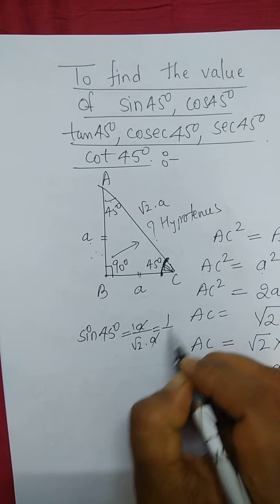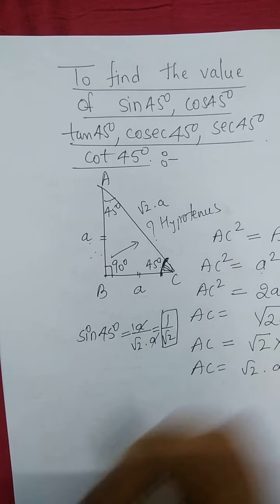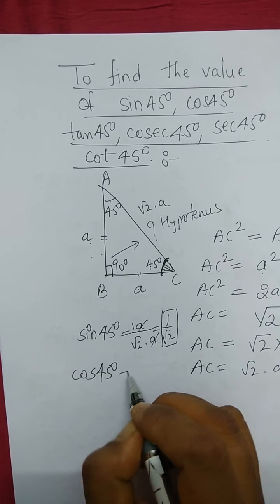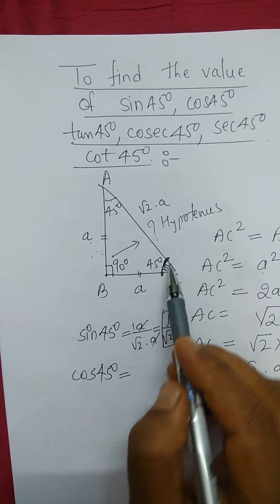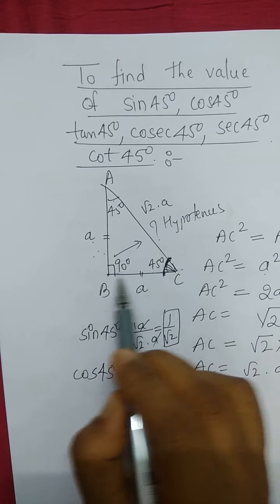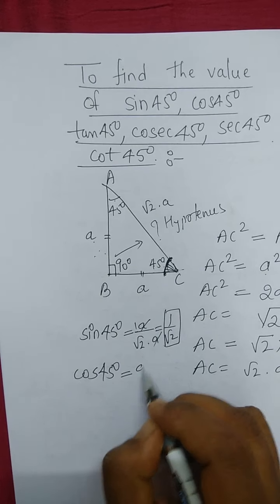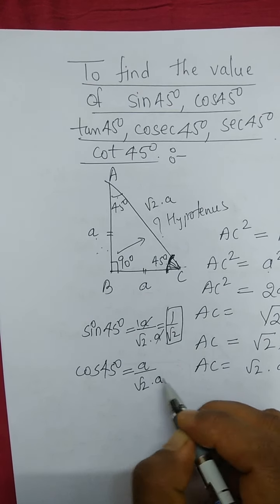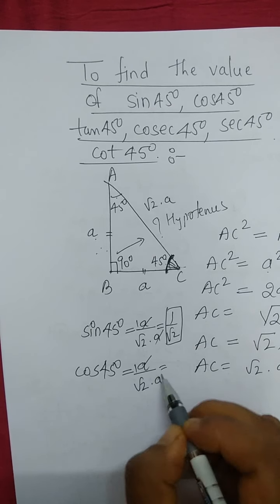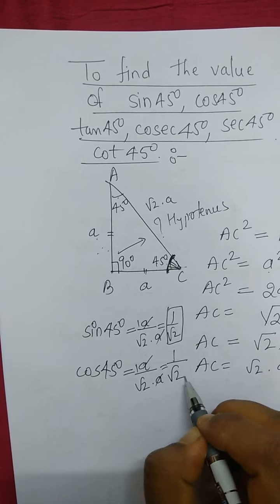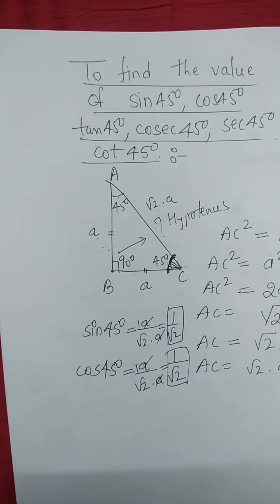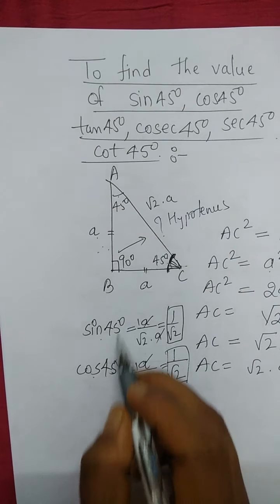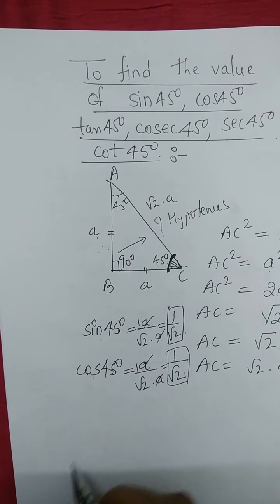A cancel, you got 1 by root 2. Now cos 45 degree is equal to adjacent upon hypotenuse. Adjacent is a, hypotenuse is also root 2a. A cancel, you will get 1 by root 2. Sine 45 and cos 45 values are equal. For 45 degrees, sine and cos ratios are equal.